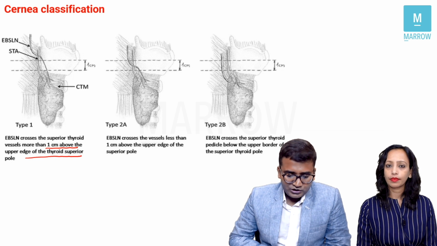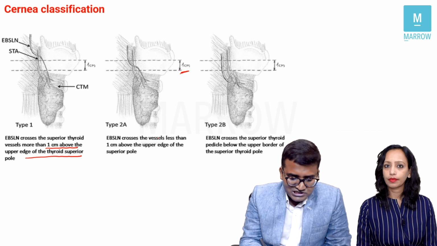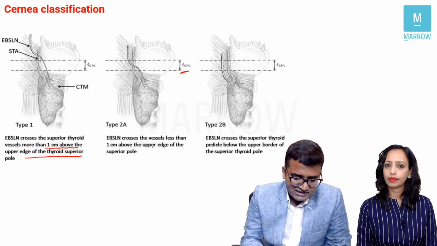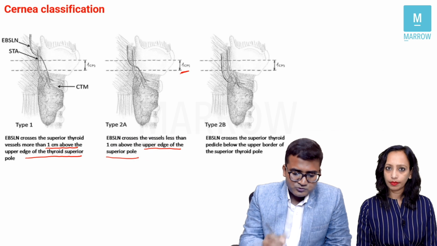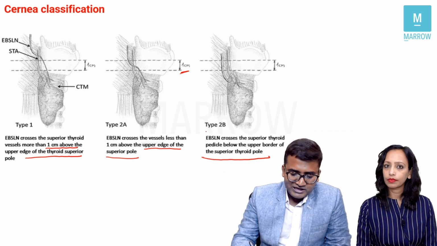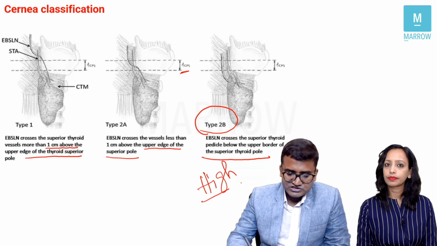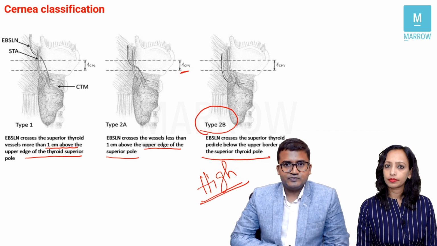In 2A and 2B, the distance is less than 1 centimeter. In 2A, the nerve crosses the vessel less than 1 centimeter above the upper edge of the superior pole. In 2B, the external laryngeal nerve crosses the superior thyroid pedicle below the upper border of the superior thyroid pole. And please remember, type 2B is of high risk, with a high chance of injury.